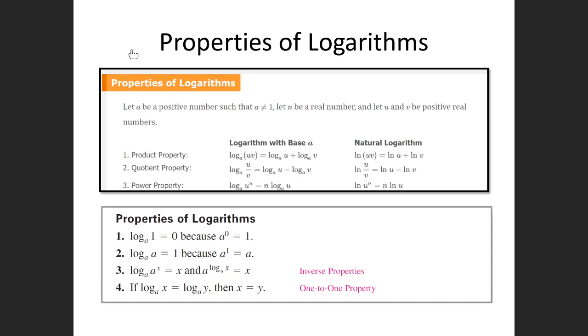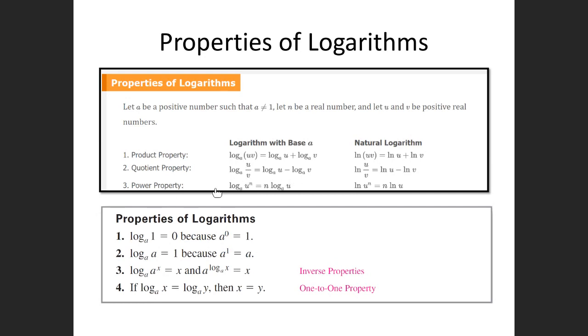Last time that we were here, we went over the properties that are down here. And today we'll look at 3 more. We have the product property that says if you have a log and you're multiplying 2 expressions inside, we can separate with addition. The quotient property tells us that if we're dividing a log of 2 expressions, we can separate with subtraction.